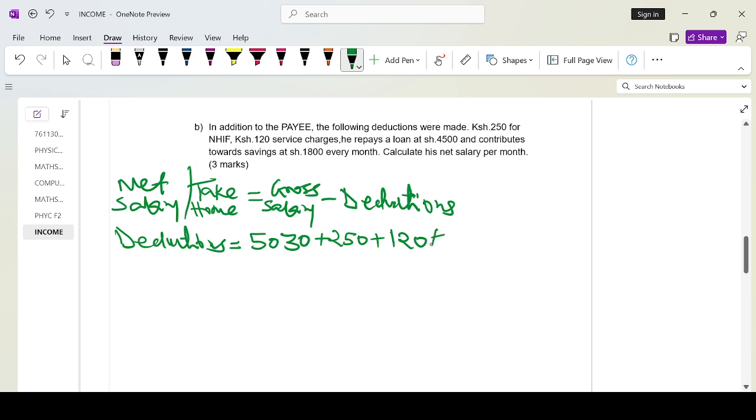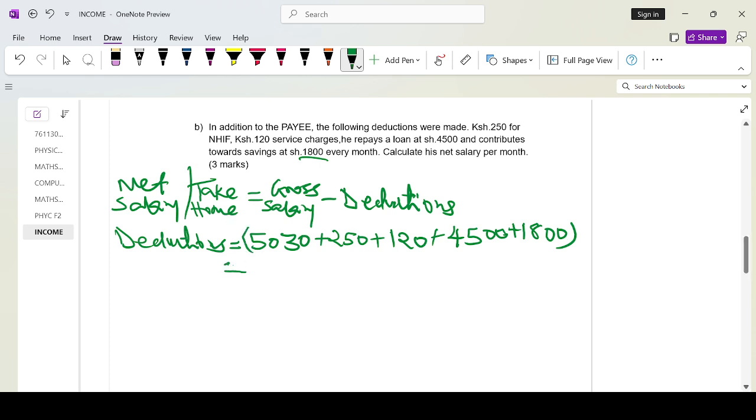Then also this person repays a loan, a loan deducts 4,500. Then also we are being told this person contributes 1,800 towards savings. Maybe he's in a savings circle whereby he has to give money every time he is paid.